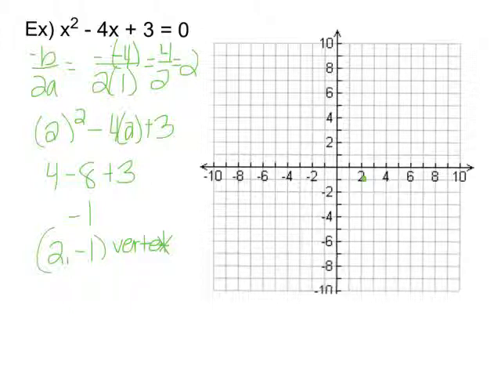And I know that my parabola is going to go upwards because it's a positive a. So I'm just going to go over 1, up 1, over 1, up 3, and then over 1, up 5.